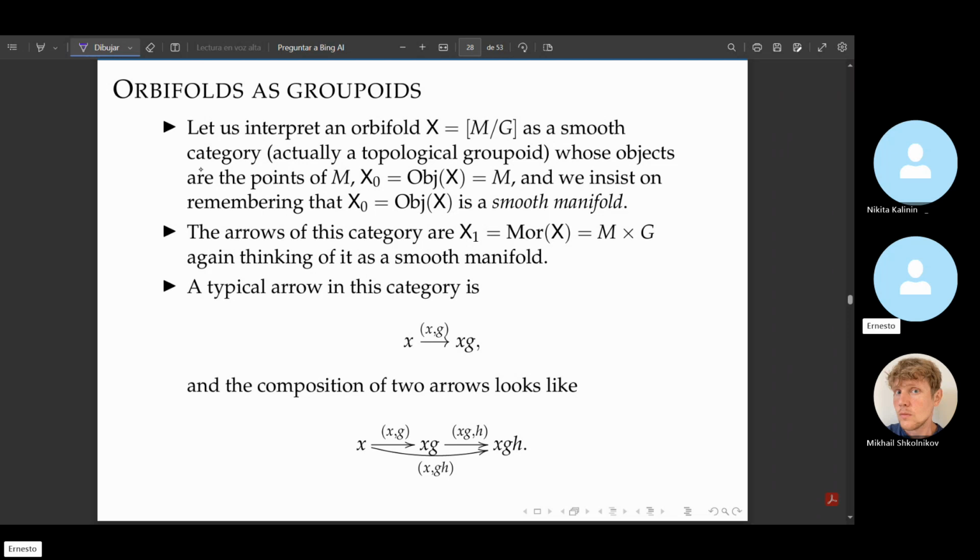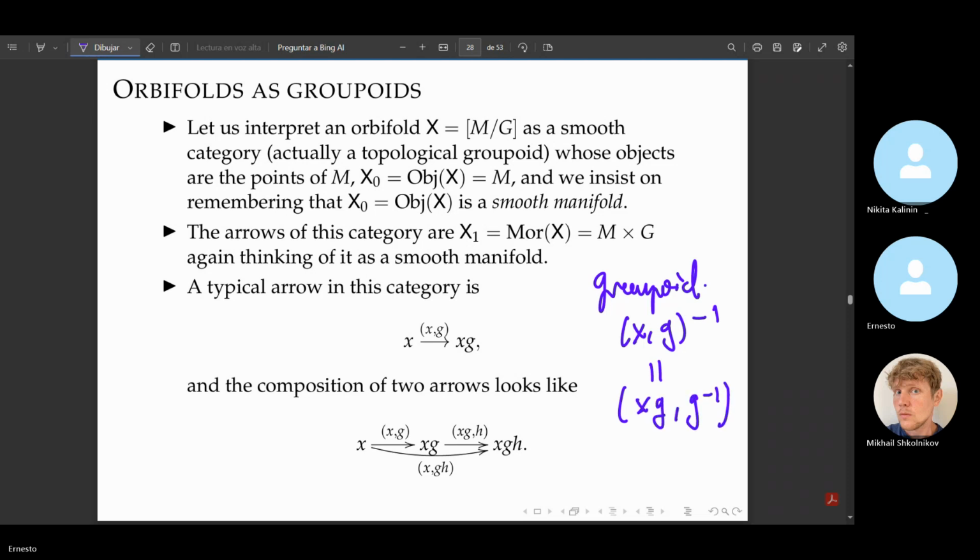This category is a groupoid because every arrow has an inverse. This is the inverse of this arrow, and every arrow has an inverse, so it's not only a category, it is a groupoid.